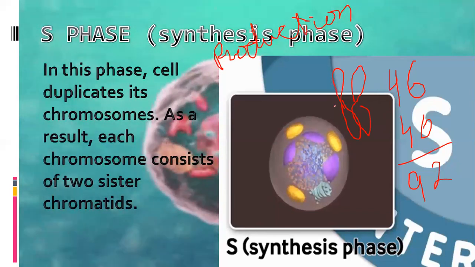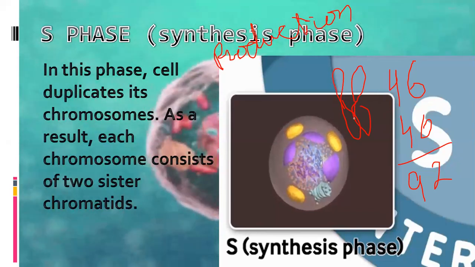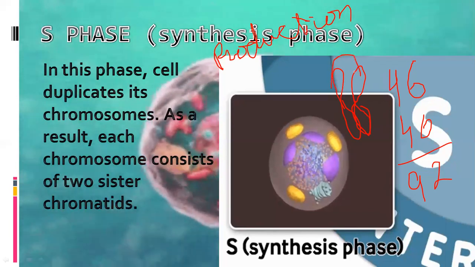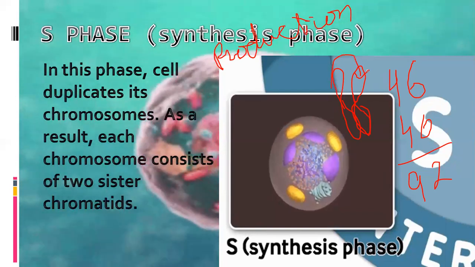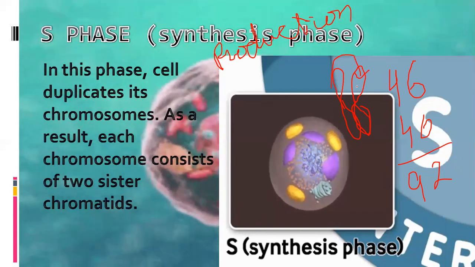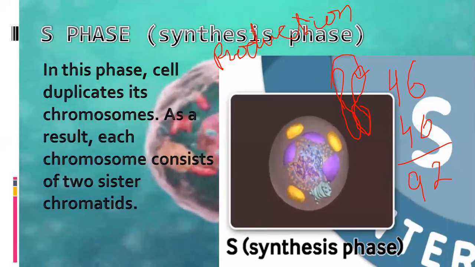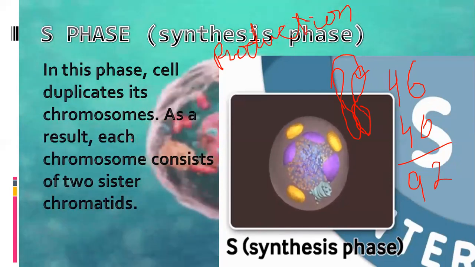Actually, this is not the proper form of this one. So this one will be copied into an exact copy and replica of this one. So these chromosomes are duplicated. So it becomes 92 chromosomes in human beings in one cell before the division.